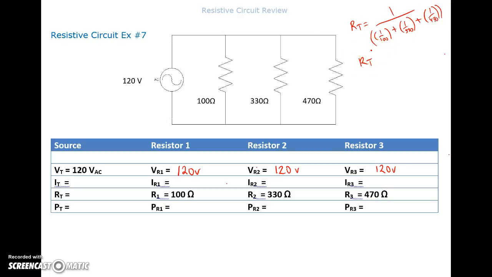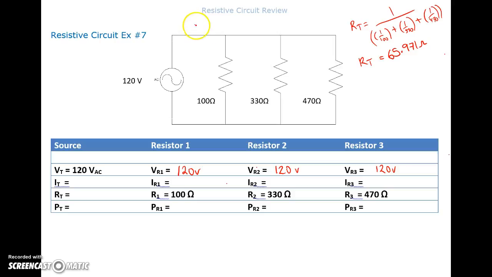So we could use that equation there. And doing that with that equation and keeping all of the decimal places, I'm getting 65.971 ohms.